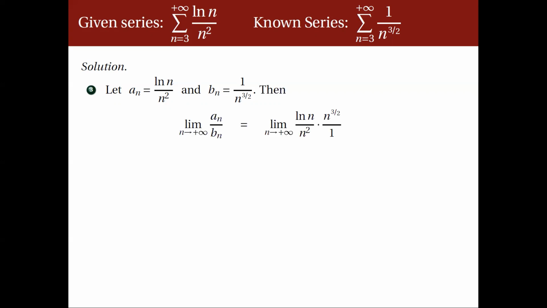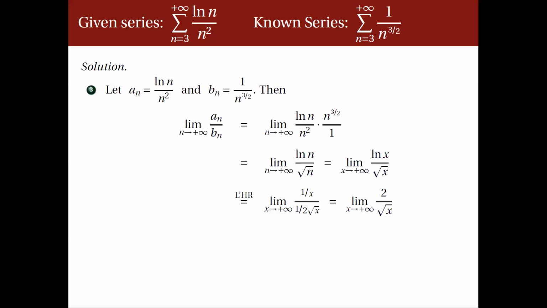So now we take the limit of a sub n over b sub n. And after simplifying, we just get the limit of ln n over square root of n. Again, this is of the form infinity over infinity. Kaya isulat muna natin as a limit x going to infinity of ln x over square root of x, where x is a real number. Tapos, gamitan natin ng L'Hopital's rule. So, we get the limit of 1 over x all over 1 over 2 square root of x.